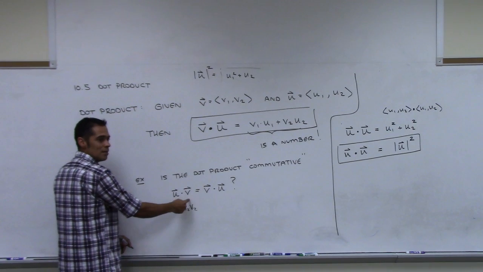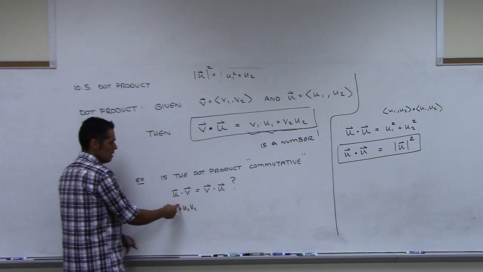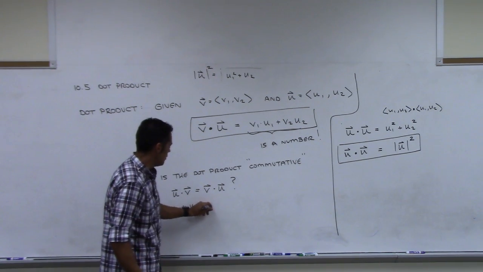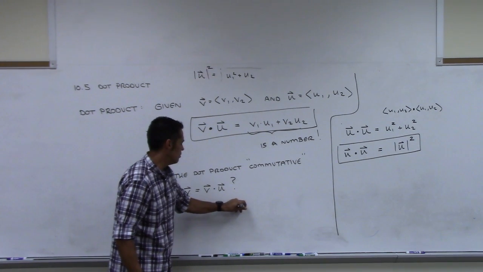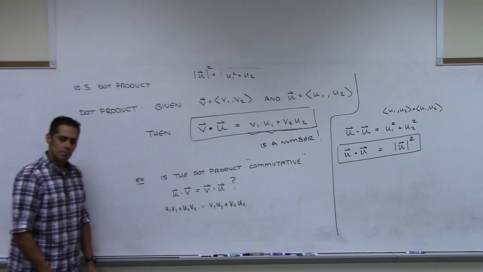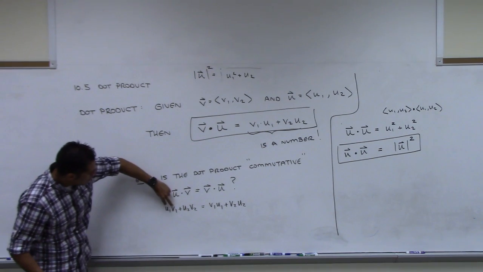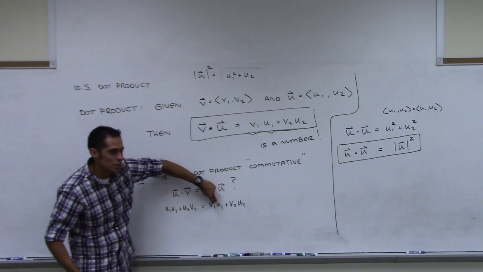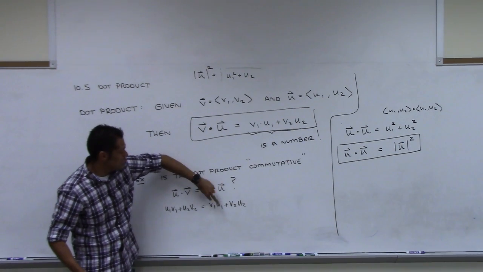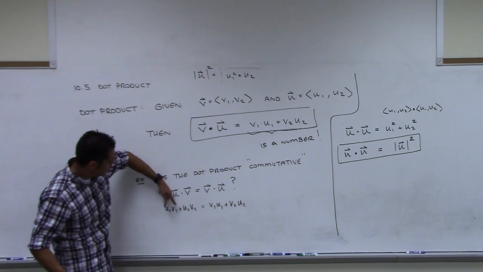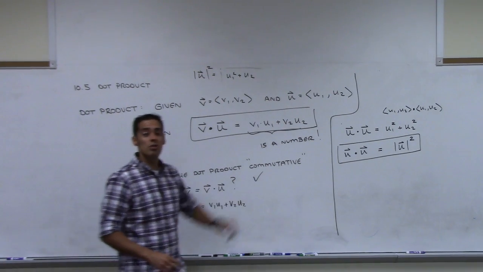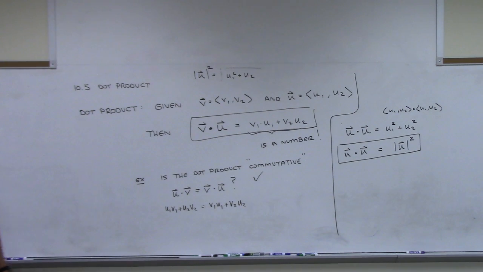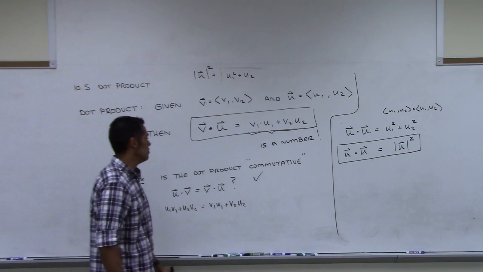That's what it would mean to dot these two vectors together. The question is, is that equal to v1 u1 plus v2 u2? Sure. Because u1 v1 is the same as v1 u1 because the multiplication is commutative. So this could flip, and they're the same thing. So the order in which you do dot product does not matter. That's good to know.